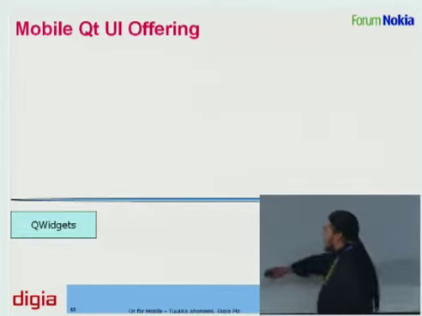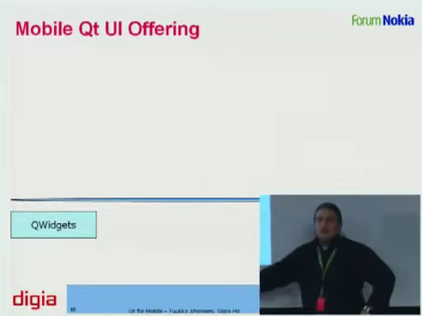Native look and feel. You can achieve that with QWidgets. Like you saw me writing that BMI calculator, it looked like a Windows application in Windows, and then it looked like a MeeGo application in MeeGo, and so forth.